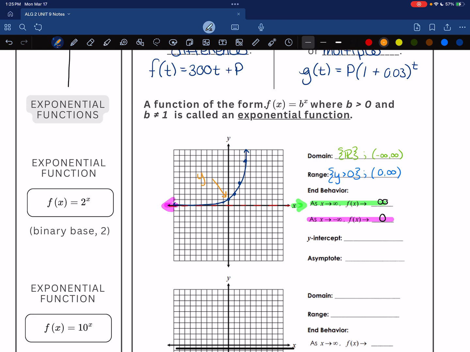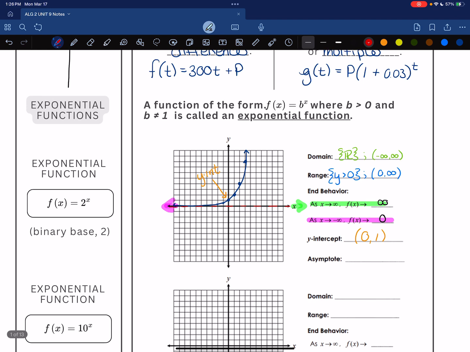This right here is the y-intercept. And that y-intercept is at the point when x is 0, y is 1. And the asymptote. Now, this is a word that is pretty new to us as students in algebra. The asymptote is that line that your graph is approaching but not touching. And so what is the equation of that line? It's that dashed red line.